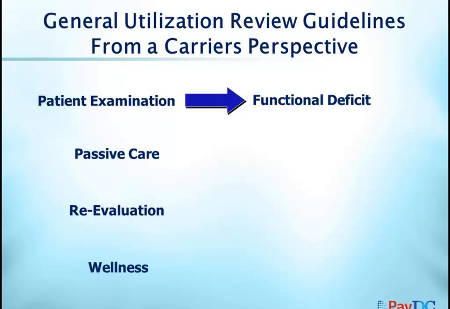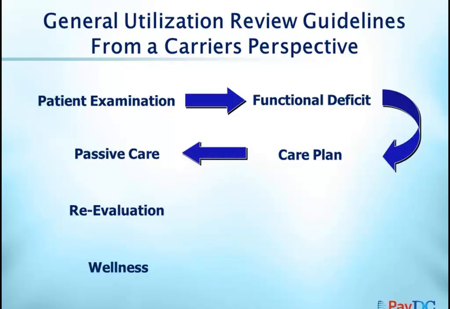Carriers that see that on the initial intake form might start to question all the care after that. So you want to make sure that there is a chief complaint and a functional deficit identified if you're planning on getting reimbursed by a payer. The next thing that they expect to see is a care plan developed. After that, they typically expect to see some form of passive care.